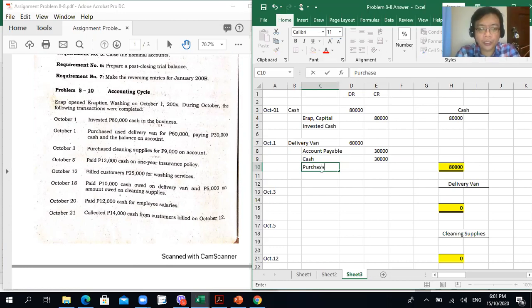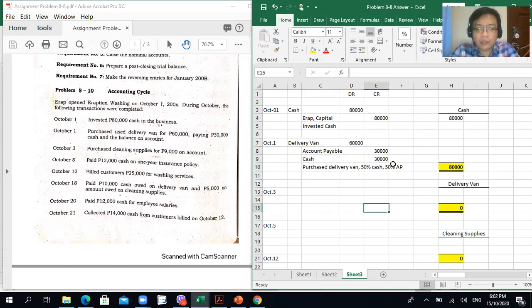So you purchase a delivery van, 50% cash and 50% accounts payable. After that, we will post it to your ledger.